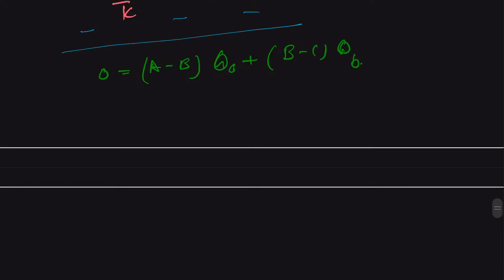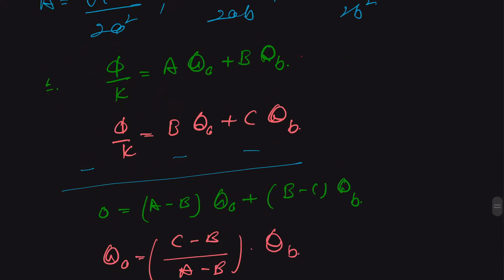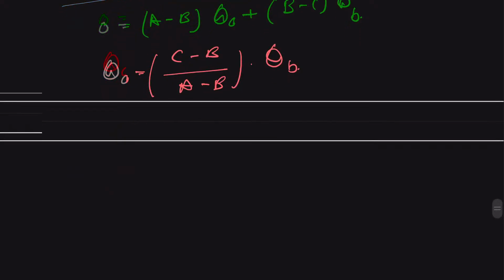Therefore, from here we can say that qa will be equal to c minus b divided by a minus b times qb, and we are going to plug it into one of the equations, either this one or this one, like simultaneous linear equations.